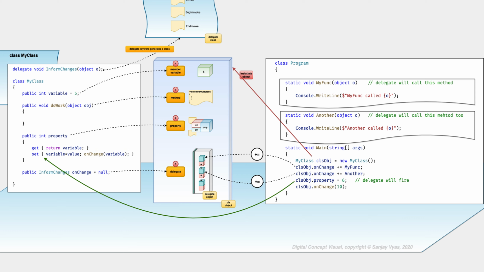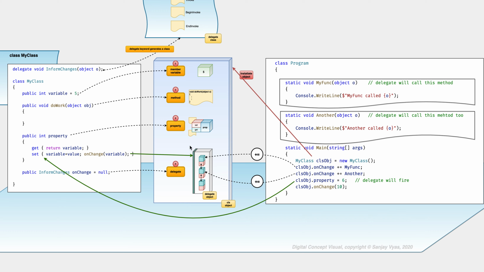So the moment set is called, the control arrives here, sets the variable to 6, and now it needs to do this. We are calling the delegate with a parameter. It's like saying invoke the functions with this value.